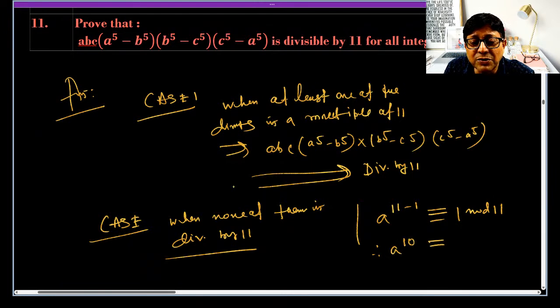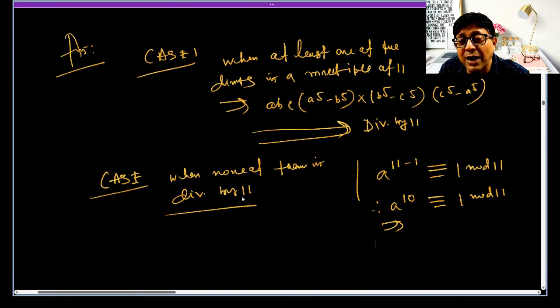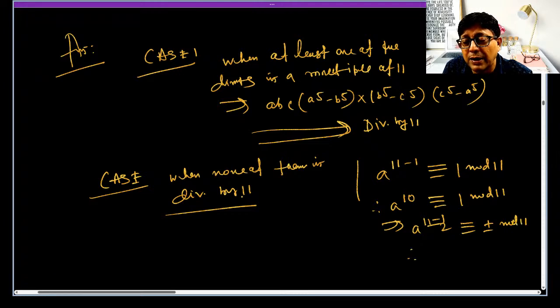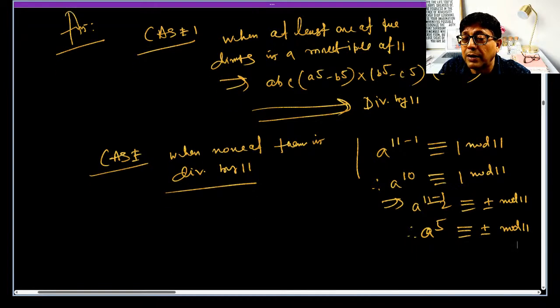A to the power 10 is congruent to 1, and this we have seen before. A to the power (p minus 1) by 2. Let us use that. A to the power (11 minus 1) by 2 is congruent with what? Plus or minus 1 mod 11. So this gives us a to the power 5 congruent with plus 1 or minus 1 mod 11.